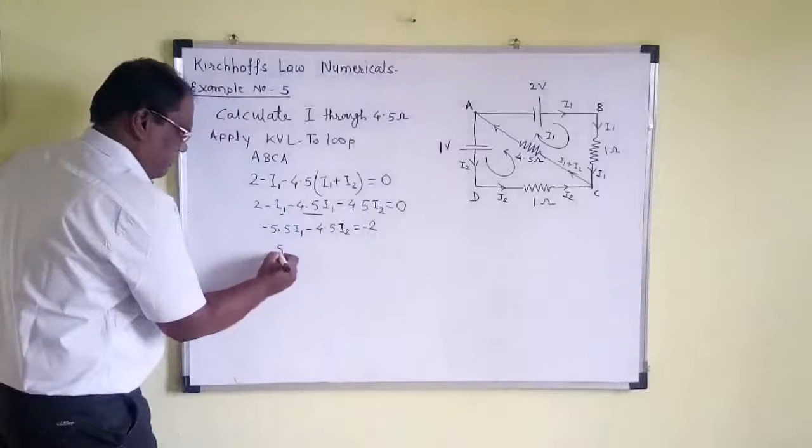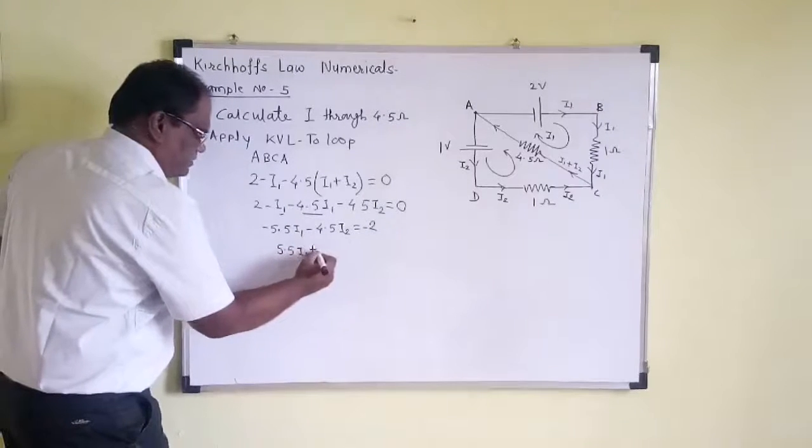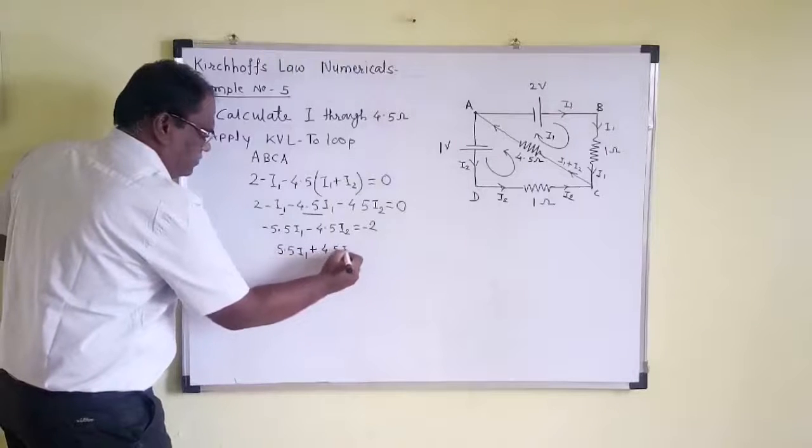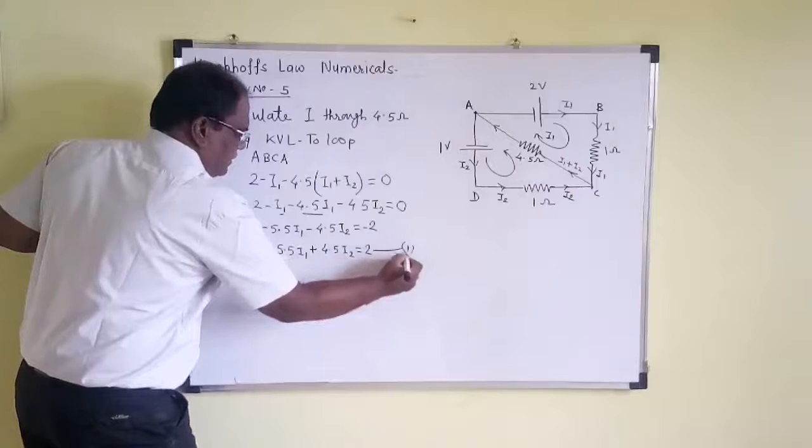Thus 5.5 I1 plus 4.5 I2 is equal to 2. This is equation 1.